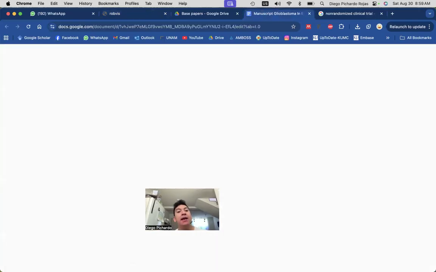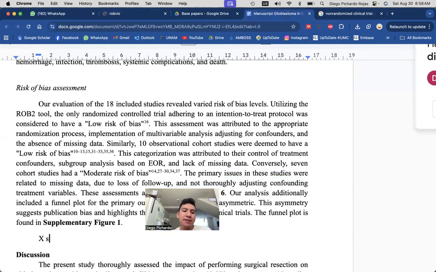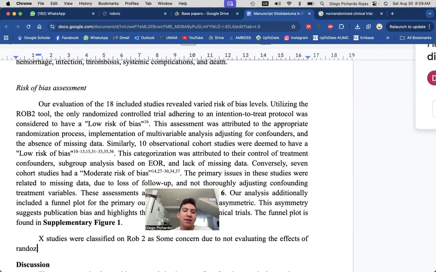So for the manuscript, I can modify this, but something like: X studies were classified on ROB2 as some concerns due to not evaluating the effects of randomization on population characteristics.